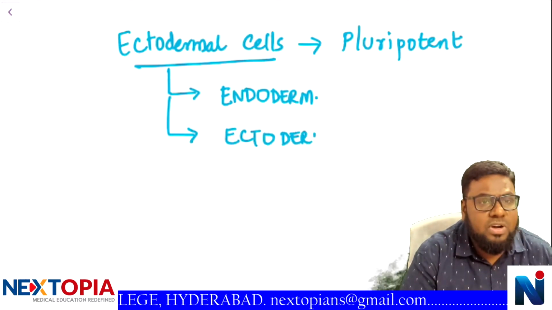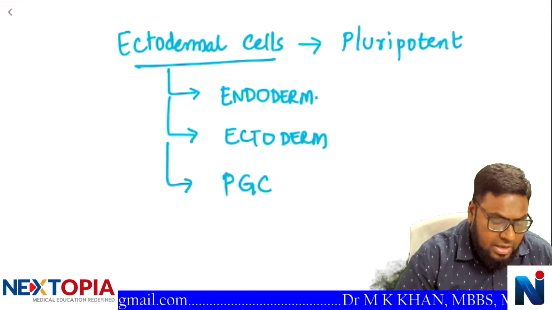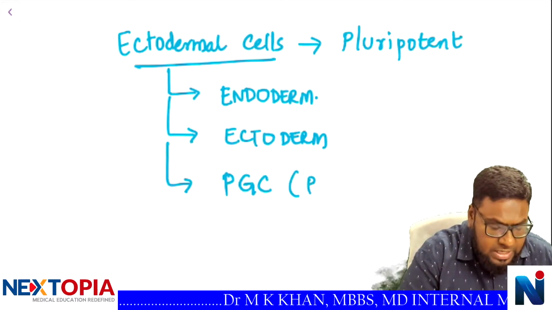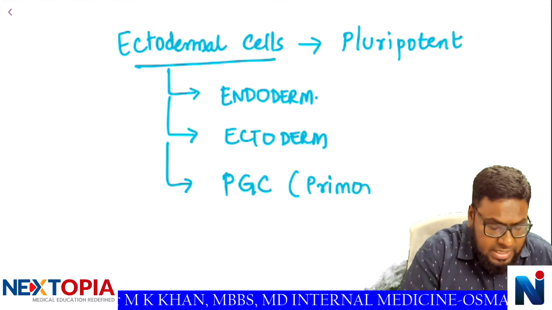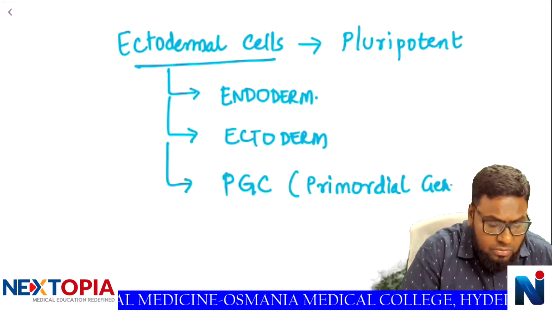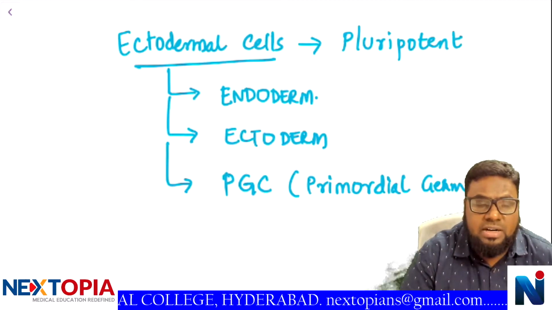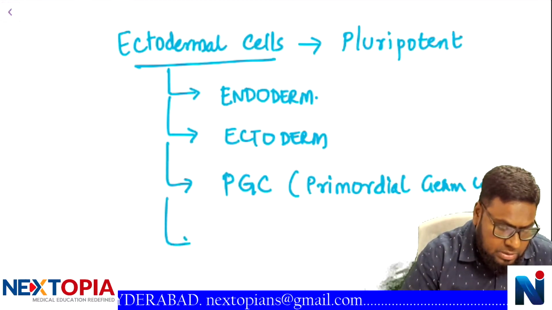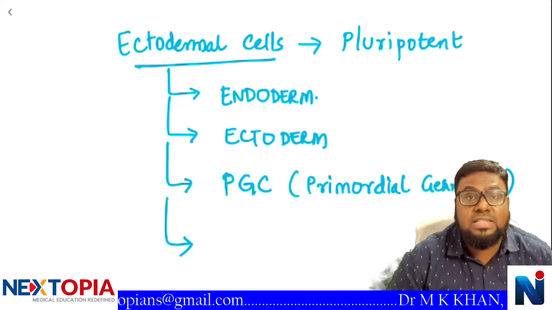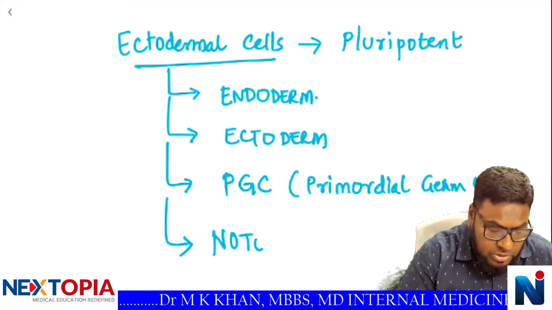They are responsible for formation of primordial germ cells. If you remember, I told you primordial germ cells are the cells which are responsible for production of what? The spermatozoa and the ova. I told you in the spermatogenesis, oogenesis, or gametogenesis class. Now the ectodermal cell is also responsible for formation of a notochord.